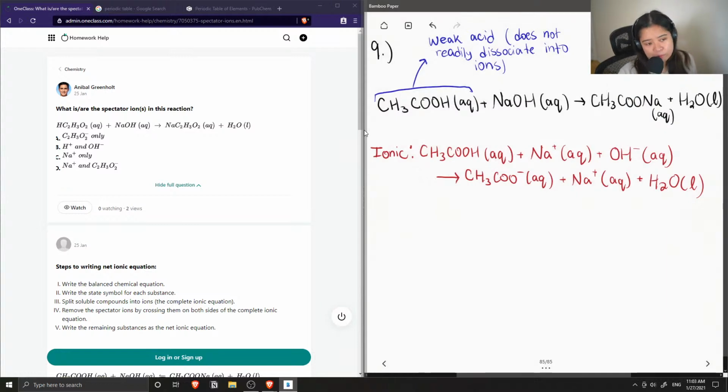And when we write out our net ionic equation, this is when we would cross off any spectator ions that appear on both our reactant side and our product side. So in this case, it's sodium.